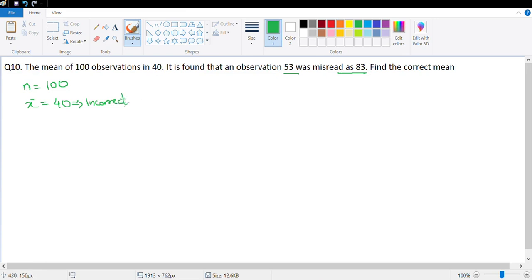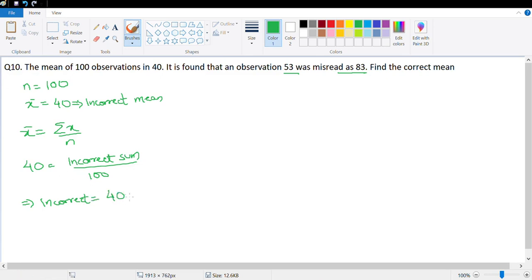We want to find the correct mean. So mean is equal to summation x upon n, which means 40 is equal to incorrect sum upon 100, which means incorrect sum of all the numbers is 100 into 40, which is 4000. Right, that's fine. So this is the incorrect sum.